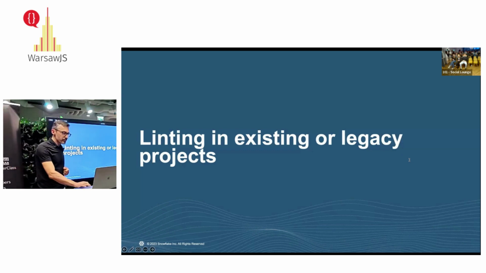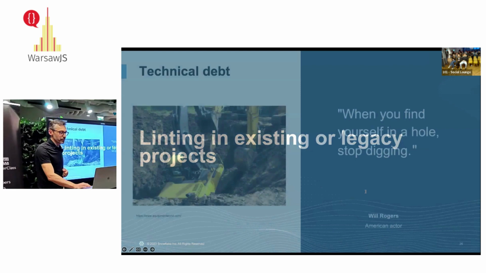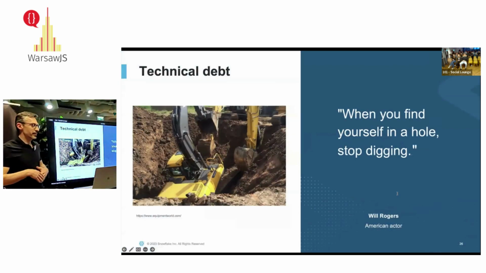So how to deal with this problem? Basically it's a problem with existing tech debt, right? You have some problems with code, some tech debt that is now surfacing with those ESLint rules. And the first law in this situation is just stop making it worse, right?